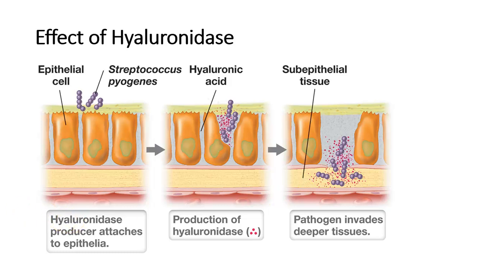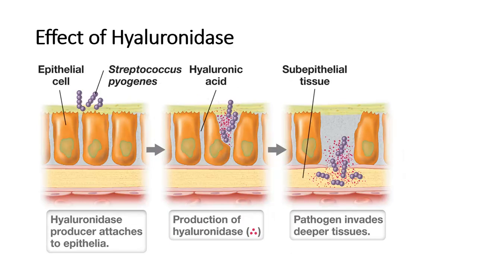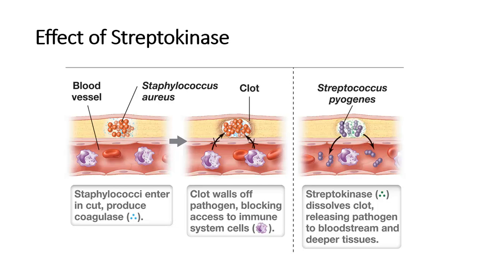Okay, and it gets in there and gets deeper. That's Strep pyogenes. If you remember your beta strep, this is your strep throat. We'll get into that. Staph aureus, this is the catalase positive and coagulase positive staph.